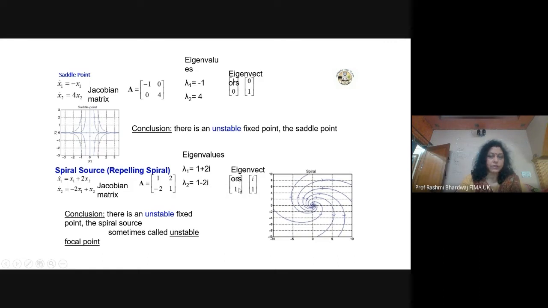And in this case, the vectors are minus iota 1 and iota 1. In this case, we are getting it as a spiral. But this spiral is because you are getting eigenvalues which have the real part also. That's why you are getting an unstable point which is moving away from this point. So this is an unstable fixed point.